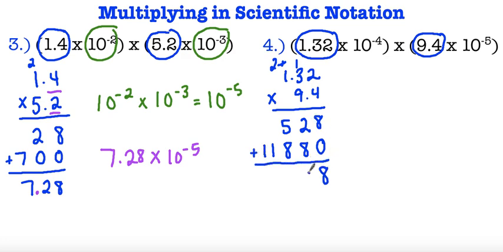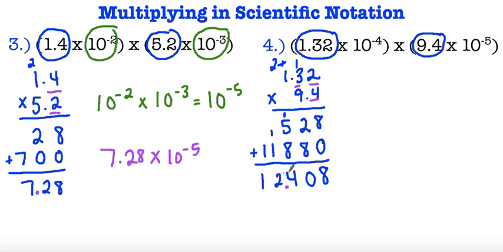So I'm just going to add this up. All right, and now I'm going to see where to put my decimal. So 1, 2, 3, 1, 2, 3. We have 12 and 408 thousandths.